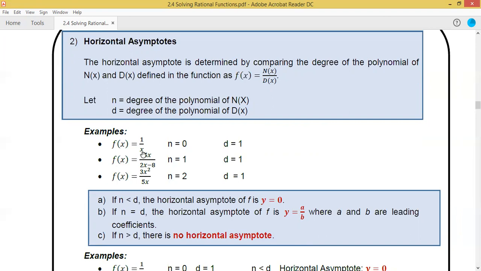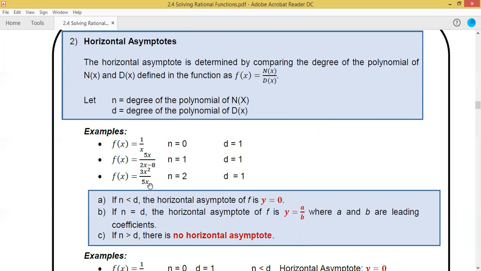The exponent of the denominator is 1. For the second one, the exponent of the numerator is 1, while the denominator is still 1. For the third example, the exponent of the numerator is 2, while for the denominator, the exponent is 1.